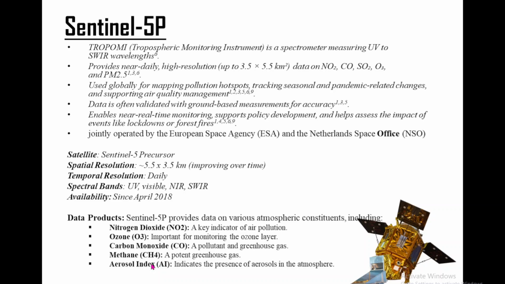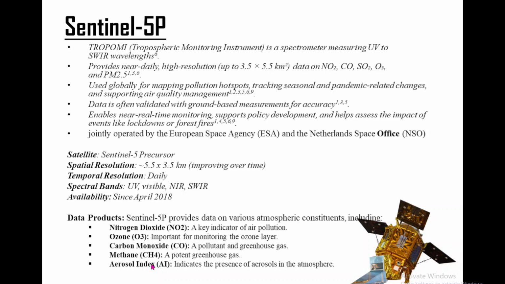This resolution far surpasses that of the earlier instruments like OMI, allowing for improved localization and monitoring of emission sources. If you compare this with Landsat, you will feel it is a very coarse data, but then we can monitor concentration of these air pollutants over cities or towns or industrial regions, which are very well coming within this particular dimension.